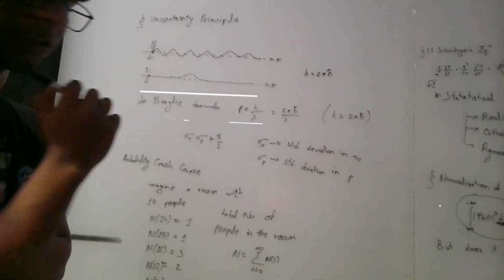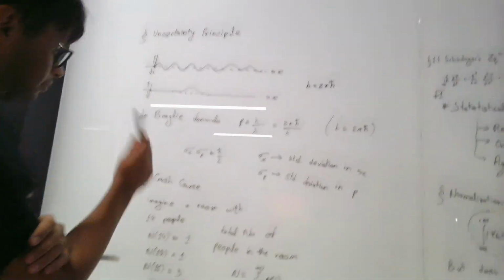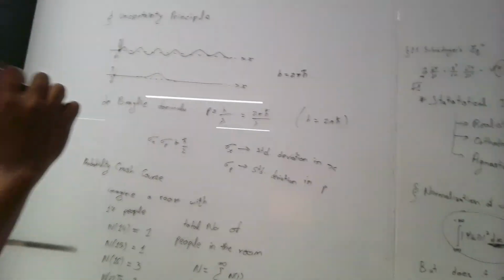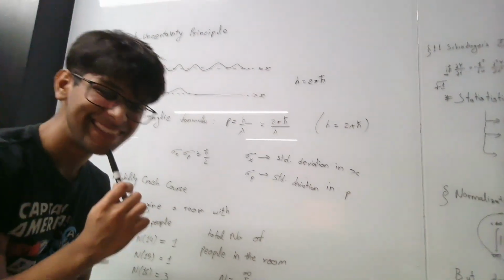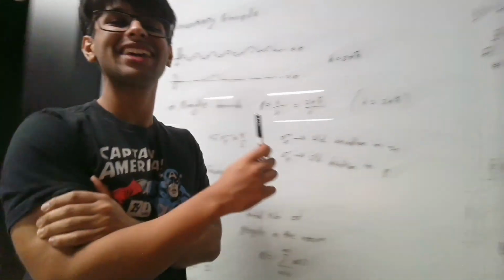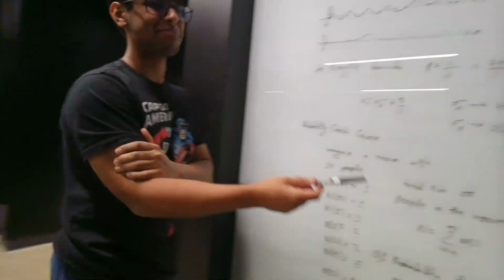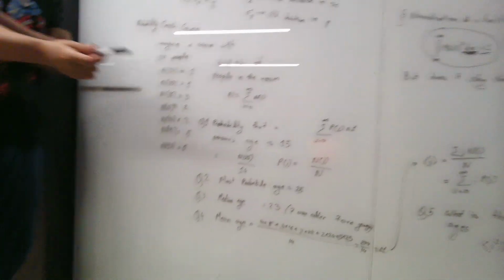In the next video, however, we're going to be going over statistics. This next video is going to be super friendly. Can you not imagine a room full of 14 people? Seems like a lot of people. Still 14 people.